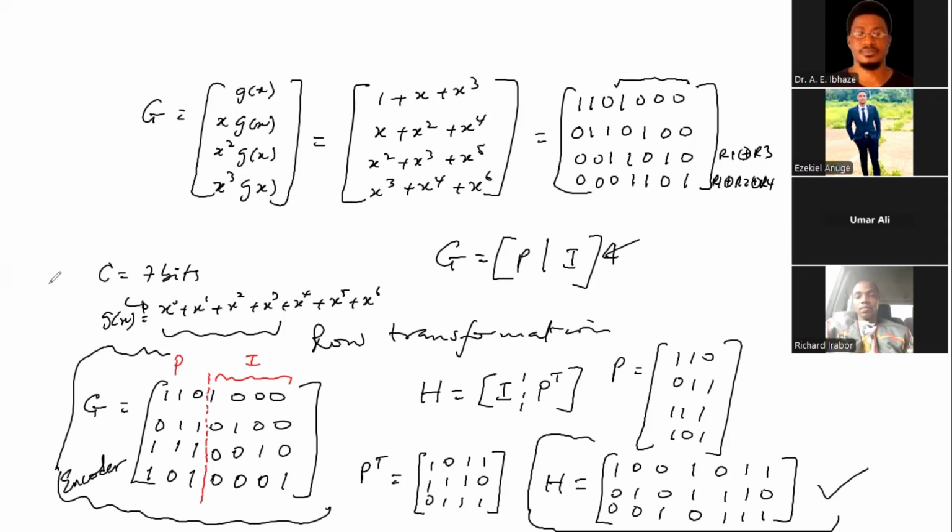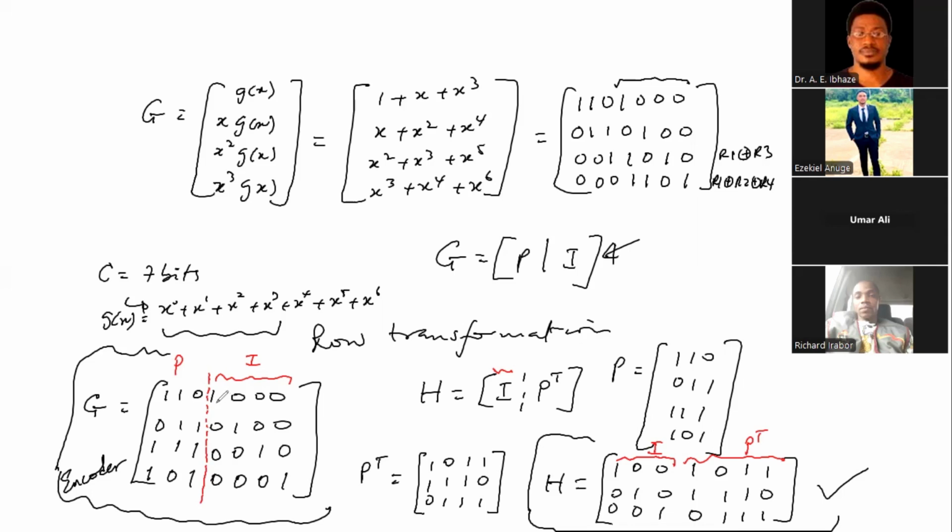So this is the identity matrix. Recall the formula. This is the identity matrix and the transpose of this. So this entire part is the identity matrix, while all of this is the transpose of the parity. And recall, we got this parity from the generator matrix, since we've been able to separate this into a systematic code, so we can separate the parity bits from the identity matrix.